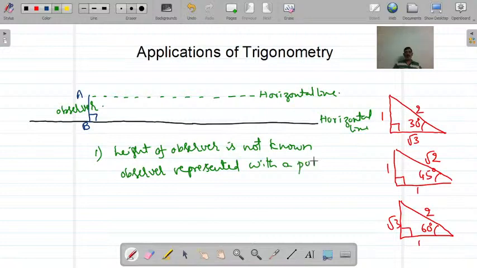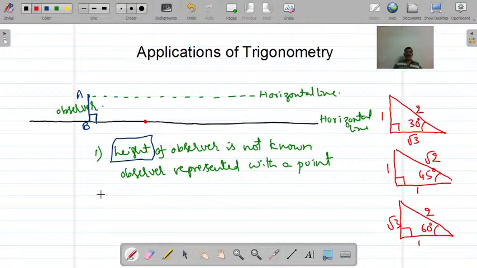So whether in the given problem the height of the observer is given or not given, this is more and more crucial. If height is given, we denote him something like this, like a vertical thing. If suppose the height is not given, simply we denote the observer with a point like this. Observer means the person who is observing the things. Okay, this is the first point.